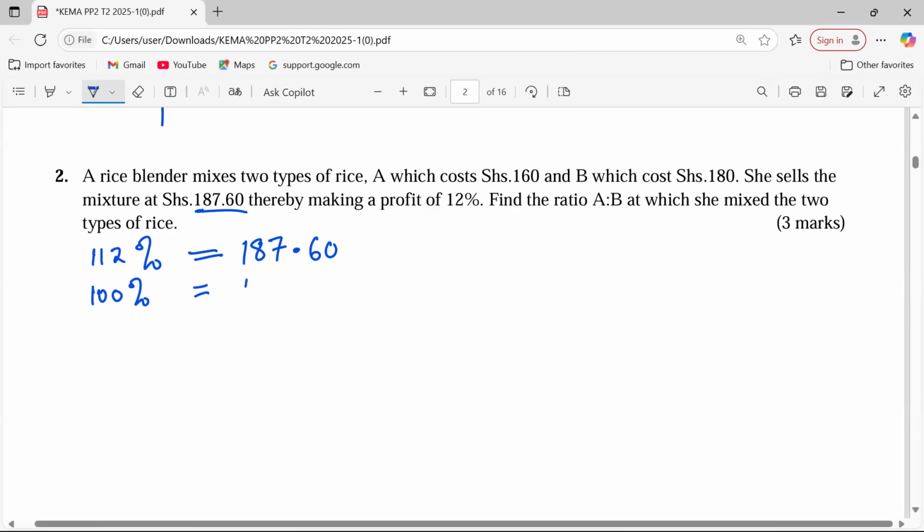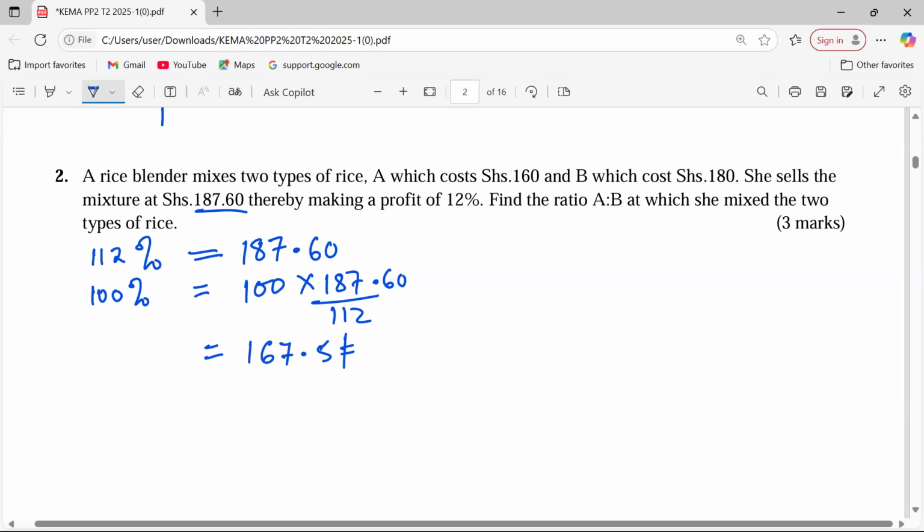Then this will be 100 by 187.60 out of 112, so that we may know the cost of 1 kg after mixing for this particular blend of rice. 100 by 187.60 divided by 112 gives us exactly 167.5.